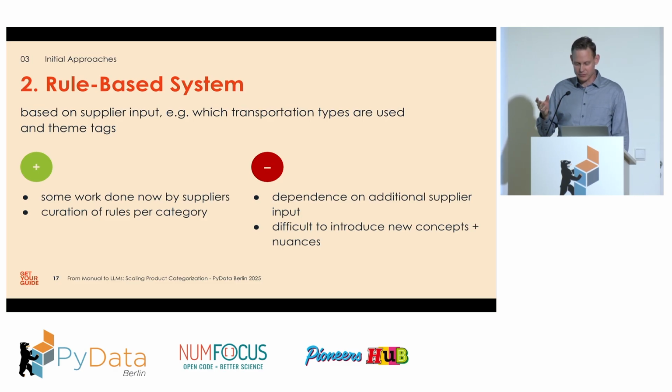So if they figured out, if I tag a lot of things, then my product is shown more often on GetYourGuide on more pages, maybe they have the wrong incentive there. And finally, it's difficult to introduce a new concept, because then we had to backfill all these tag data, which is difficult.